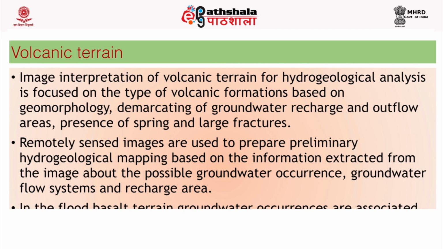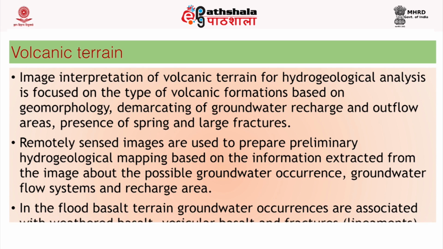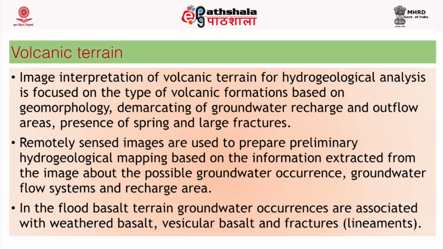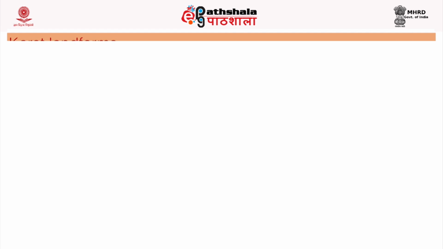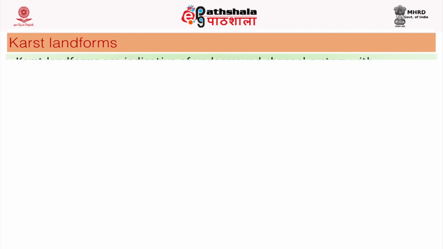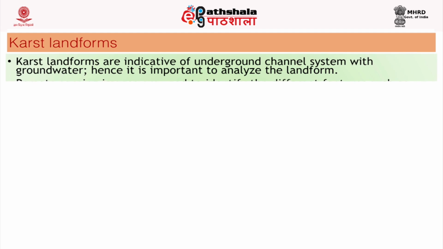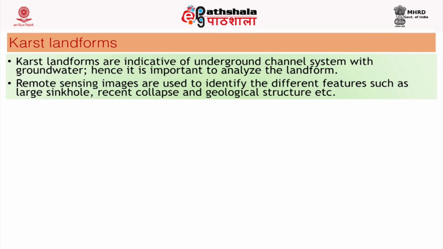In the flood basalt terrain, groundwater occurrence is associated with weathered basalt, vesicular basalt and fractures, mostly the lineaments. Karst landforms are indicative of underground channel systems with groundwater. Hence, it is important to analyze the landforms.